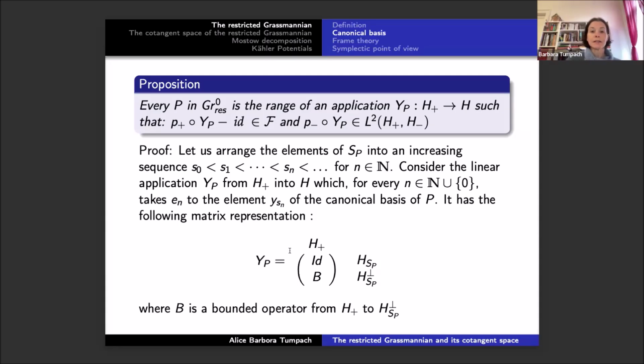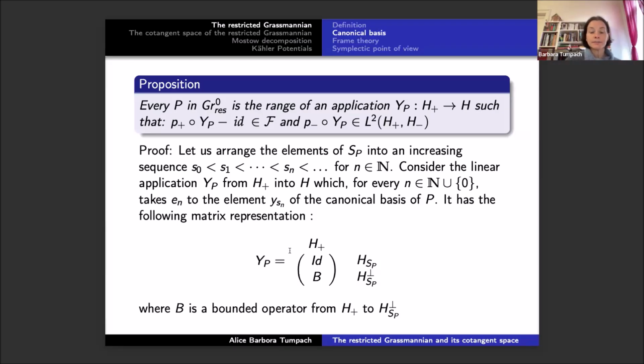So here the idea is that to an element P in the restricted Grassmannian, we can associate this subset SP, and we can order its elements in increasing fashion, S0 smaller than S1, and so on.